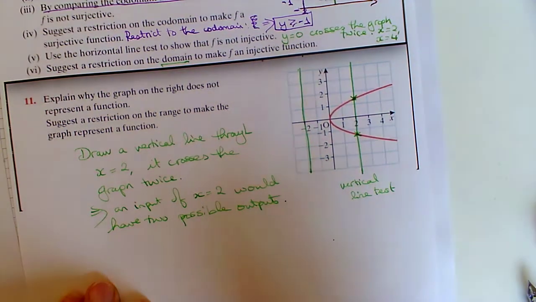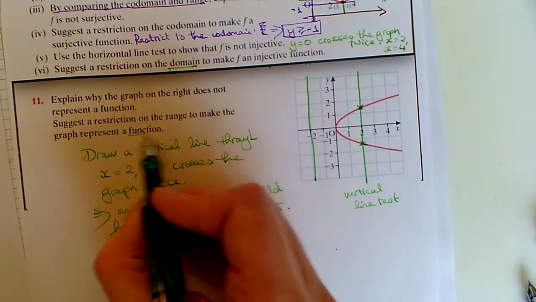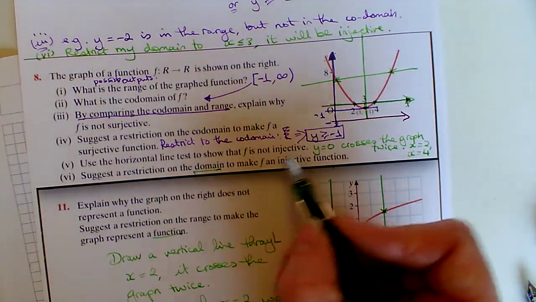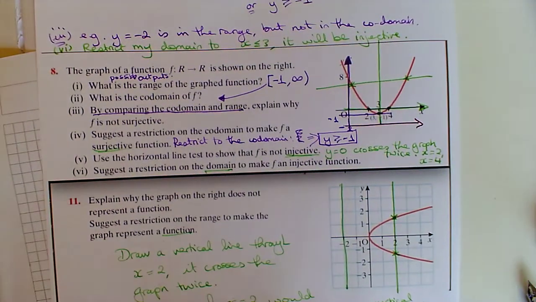And we can't allow that. Okay, so the vertical line test to check if it's a function, and the horizontal line test to check what type of function, injective or surjective. Okay, we're going to move on from the types of functions now.